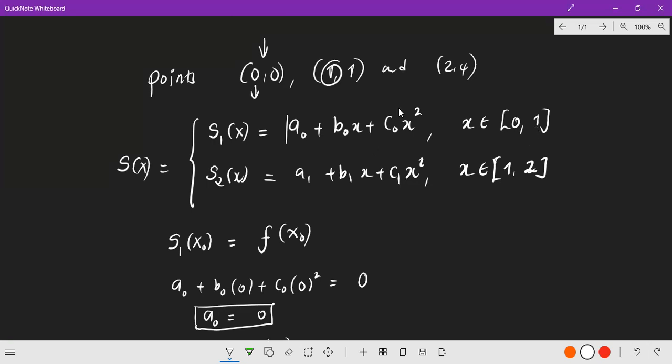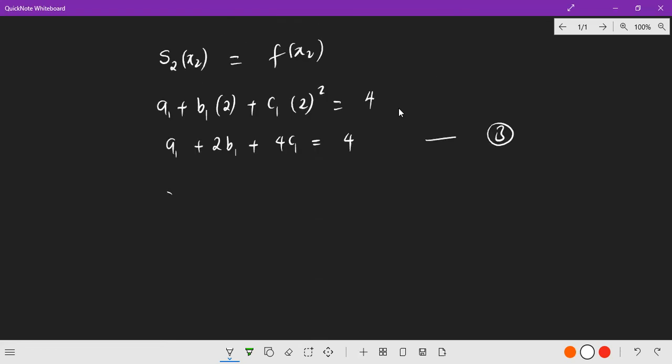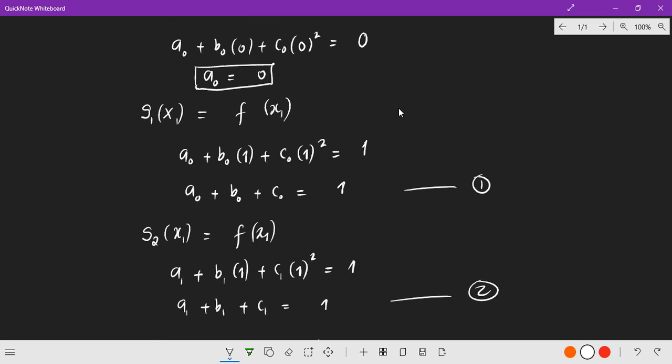So their derivatives must be the same. So what I'm trying to say here is that the derivative of S1 at that point, and that point is simply x1, right? x1 is common, should be equal to the derivative of S2 at that point. Okay, so let's get the derivative of those 2 functions here.